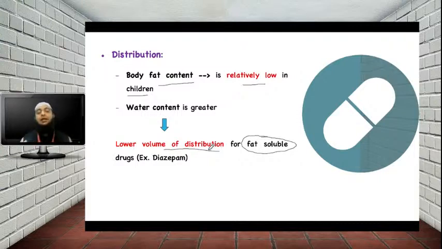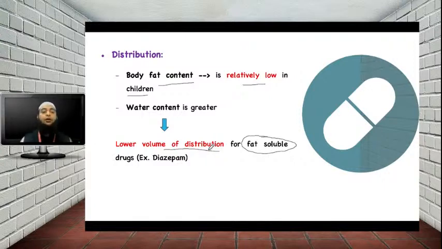So accordingly, depending upon the relative ratio of fat to water, the distribution of the drug in pediatric patients is affected. So when you are giving a lipid soluble drug, you must be cautious.